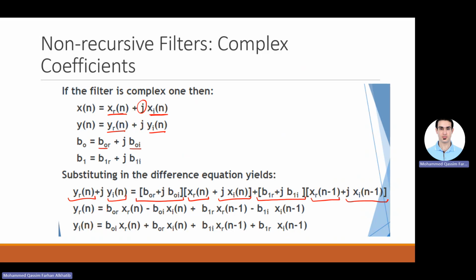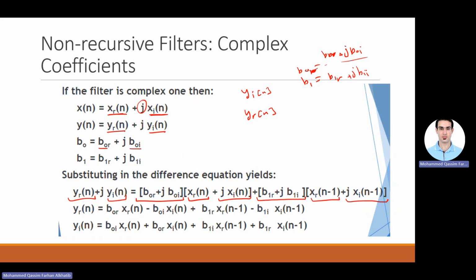Now, the task will be, if I give you this general structure, find yi of n and y real of n. I'm going to give you the values of B naught real plus J B naught imaginary, and B1 real plus J B1 imaginary.